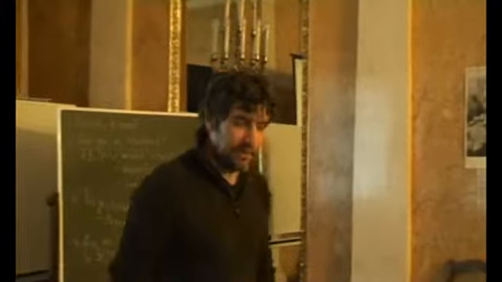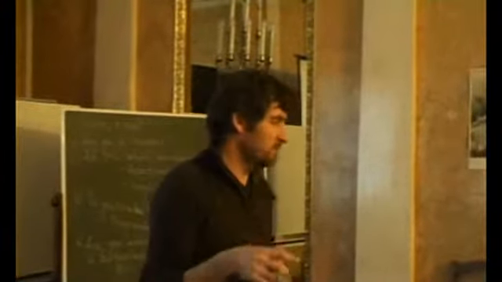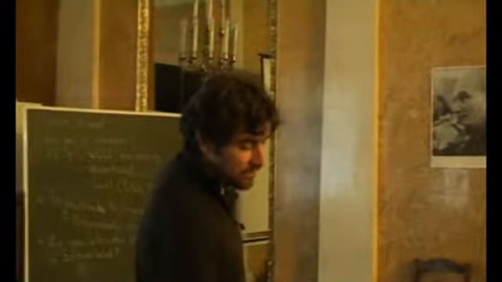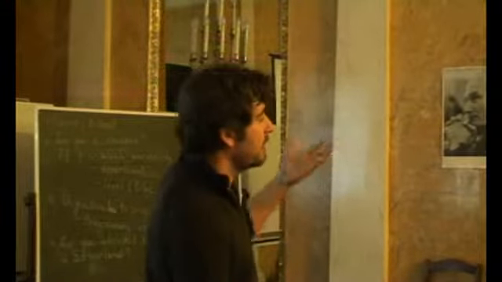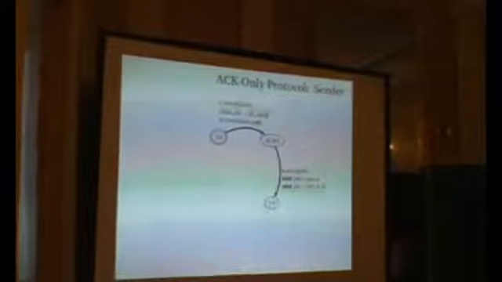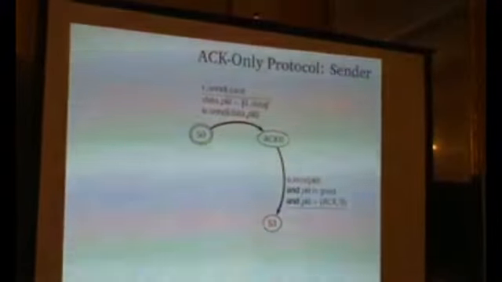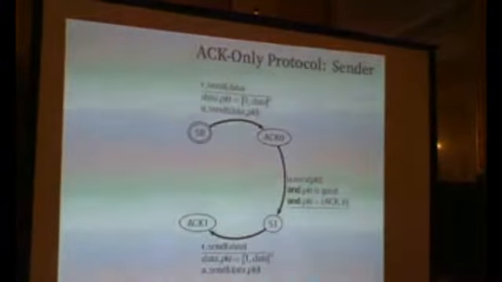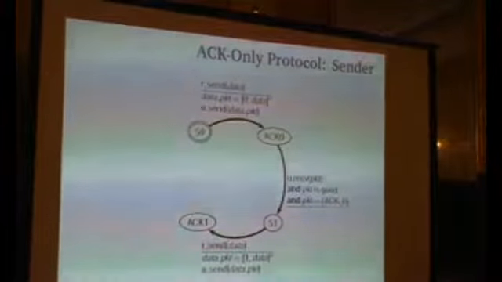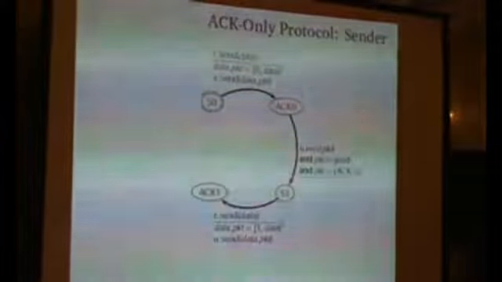So this is effectively the protocol. I'm just going to replay it, but you understood it. You start from 0. If you receive data from the application, you put it in a packet with sequence number 0, send it, and then wait for acknowledgement. If you receive the acknowledgement, you move to the other state. In the other state, if you receive data from the application, put it in a packet with sequence number 1 and send it.